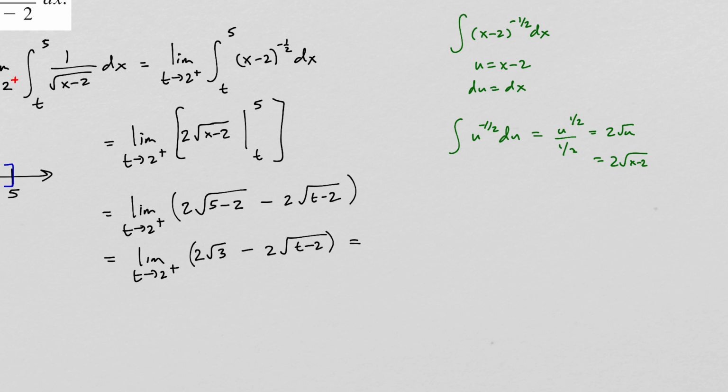So the last thing we need to do here is simply evaluate the limit as t approaches 2. But this is a nice continuous function, and if you plug 2 in here, you simply get 0. So this becomes 2 times the square root of 3. And so this integral is convergent.